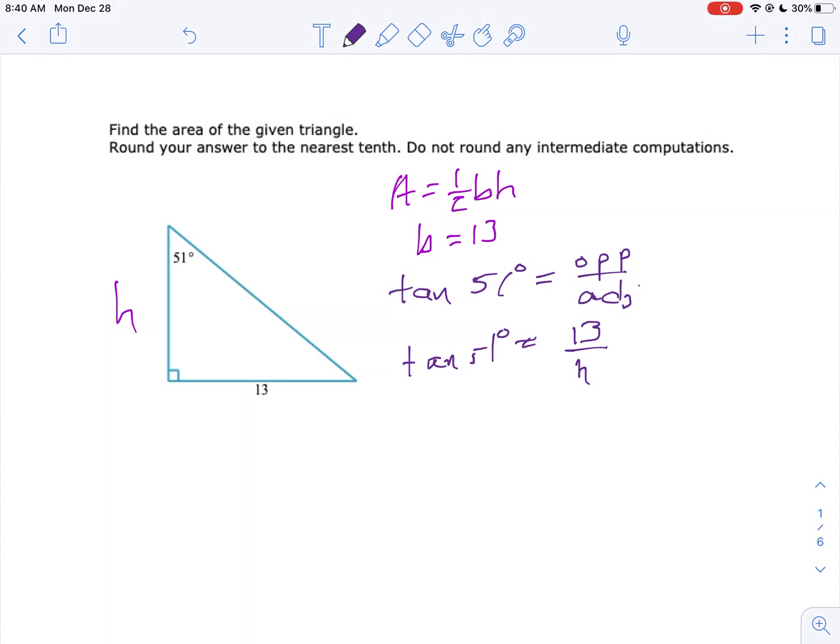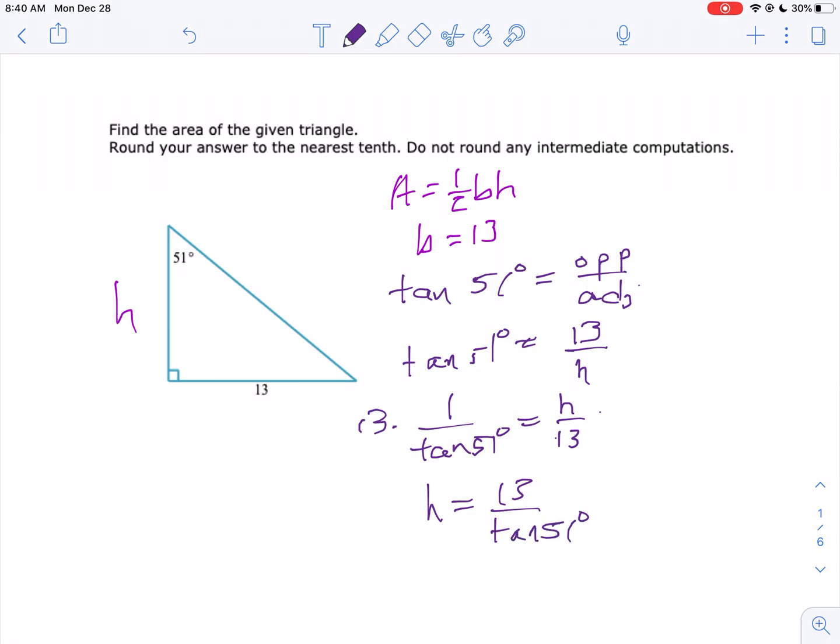Well, the reciprocal of the tangent of 51 is going to be 1 over the tangent of 51. That will be equal to the reciprocal of 13 over h, which is h over 13. Multiply both sides by 13, and h then is 13 divided by the tangent of 51 degrees.